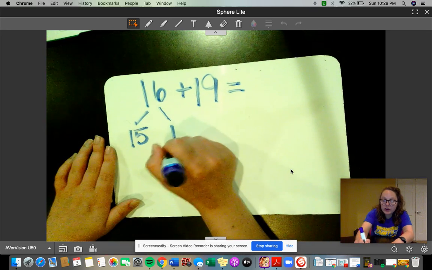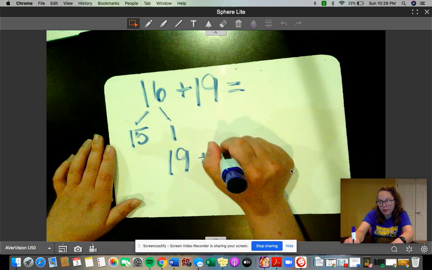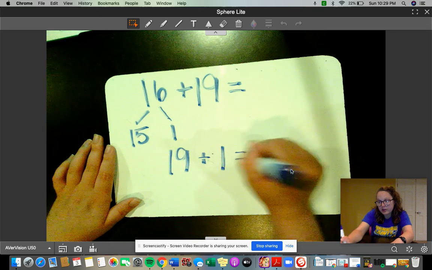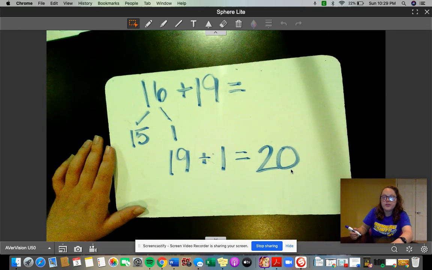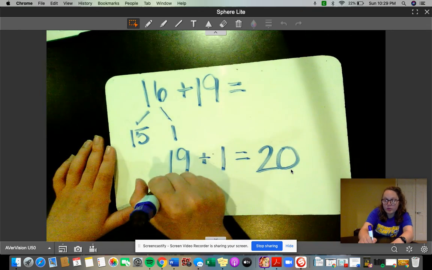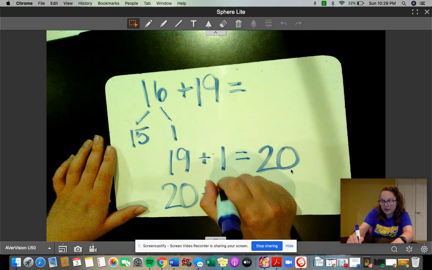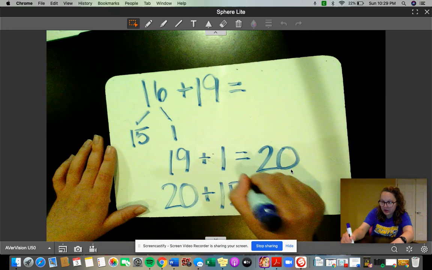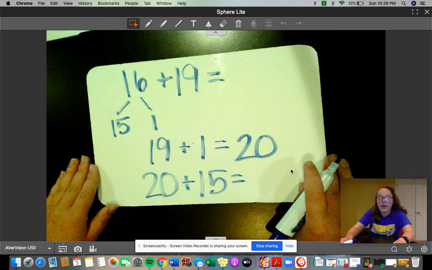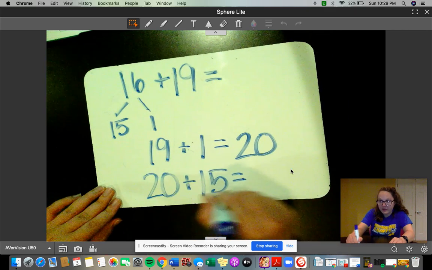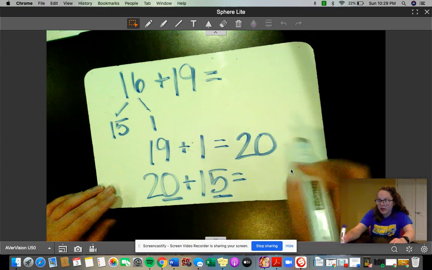So we're going to then take my 19 down here and say 19 plus 1 equals 20. And I'm going to take my 20, and I'm going to say 20 plus 15 equals. So I know if I look at my ones place again, that 5 plus 0 equals 5.